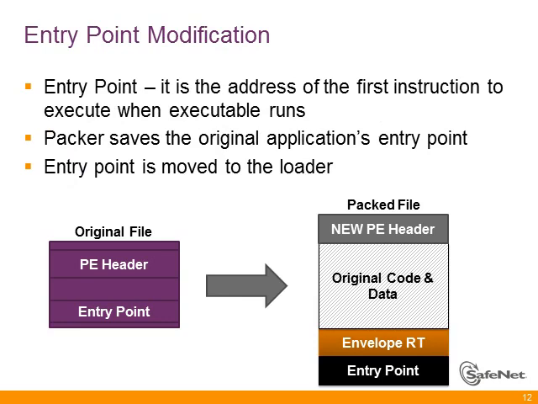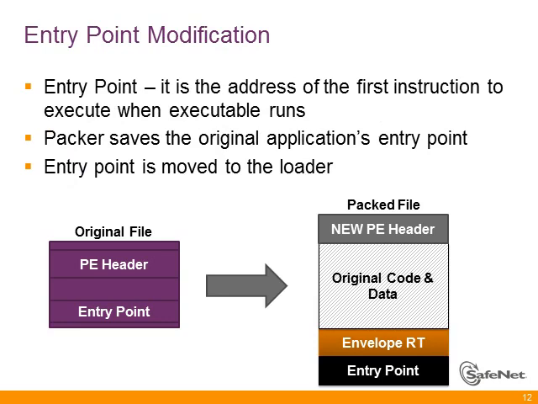The packer, as mentioned in previous slides, saves the original application's entry point, which is then transferred to the loader, in our case, the envelope runtime. Now again, note the change in the entry point from the original on the left-hand side to the packed file on the right, which now includes the new entry point, which is different from the original one.